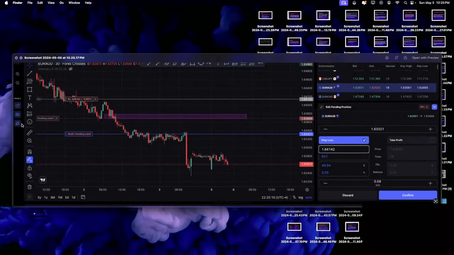So this button here, this operates your trade tab as well. Okay, so you can either hit this arrow to pull it up and close it, or you can use this trade tab over here.